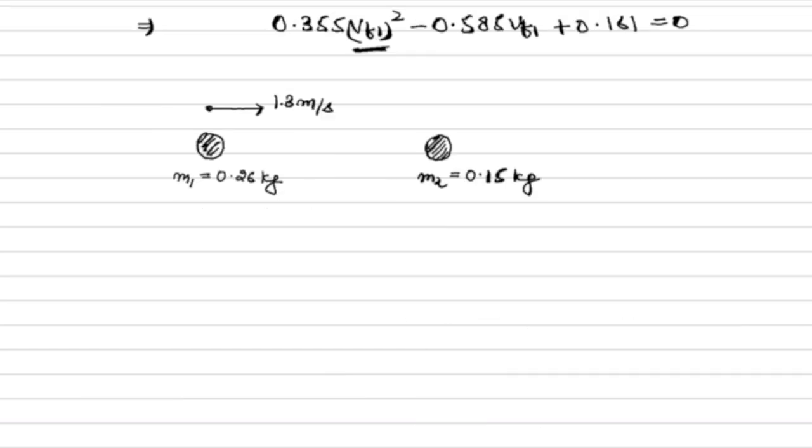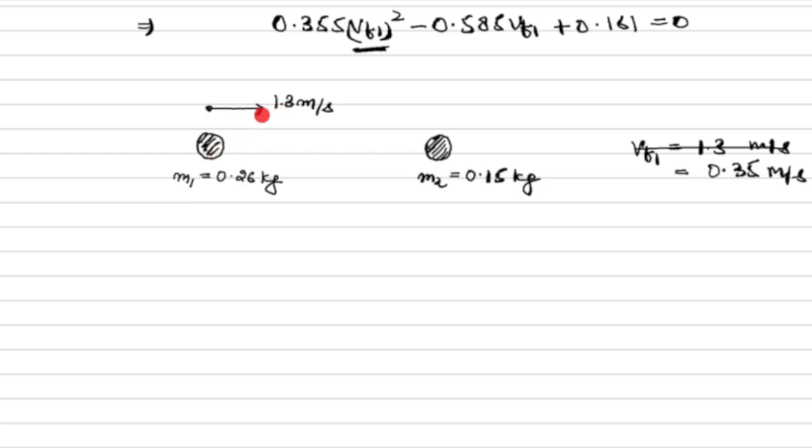Now if we solve this quadratic equation which we got, we will get two answers. One I'm getting VF1 should be equal to 1.3, and the other solution which I'm getting is 0.35. So which one I should reject? See, the first one can't be possible. Why?